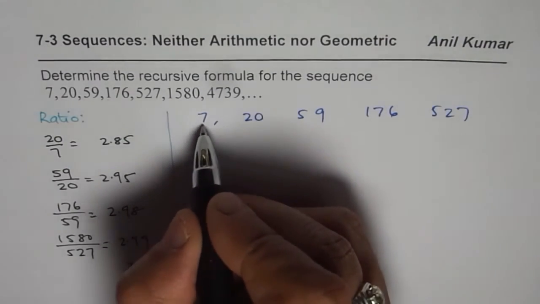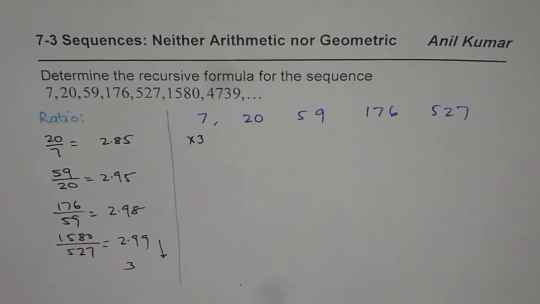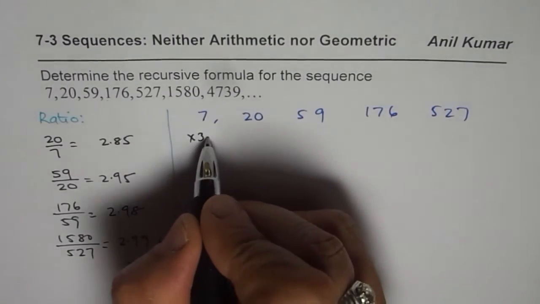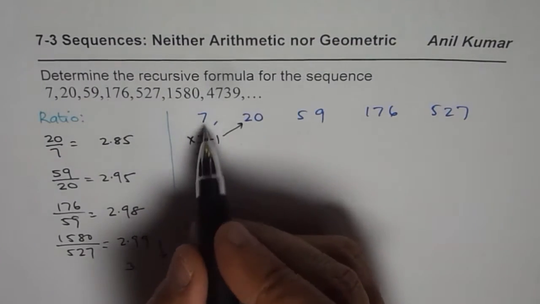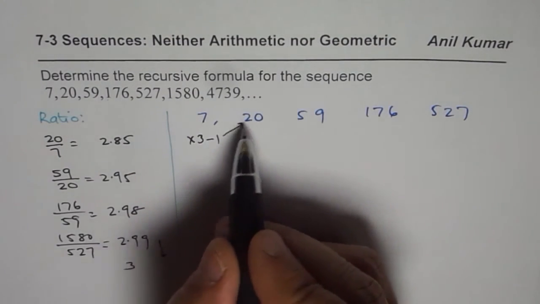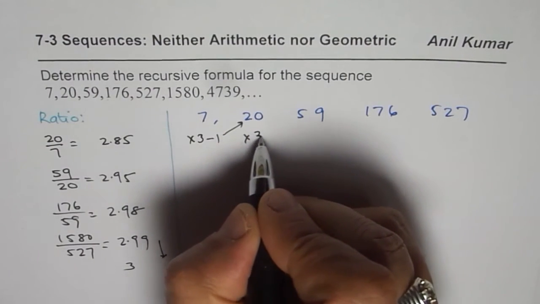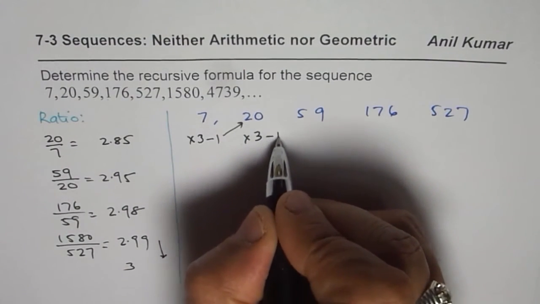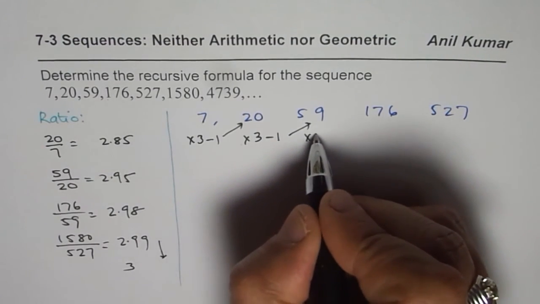So if I do times 3, 7 times 3 is 21. How do you get 20? Well, minus 1 gives me 20. That's correct. Let's multiply 20 by 3. What do we get? 60, and minus 1 is 59. It works. Okay, let's multiply this by 3.